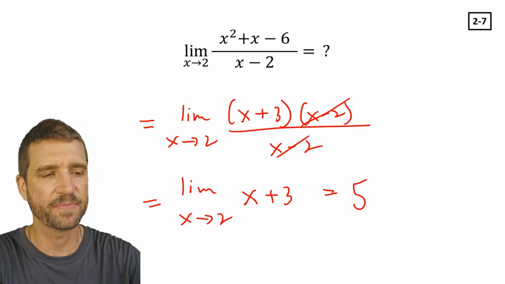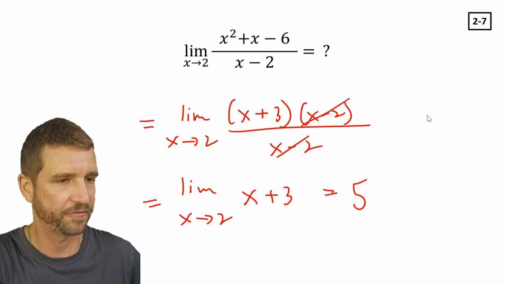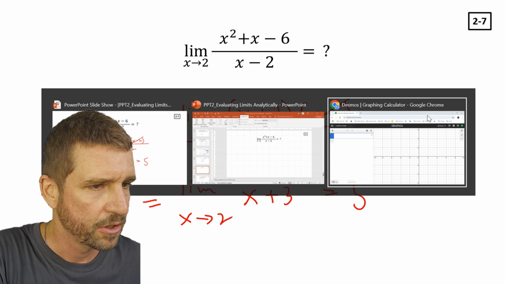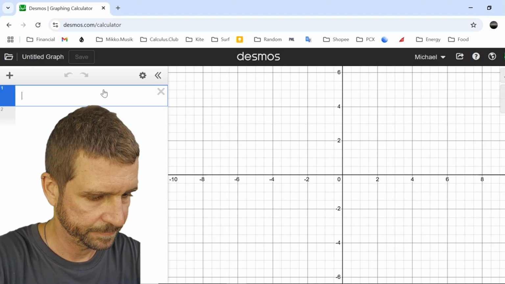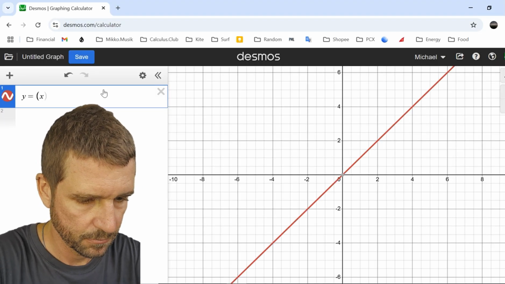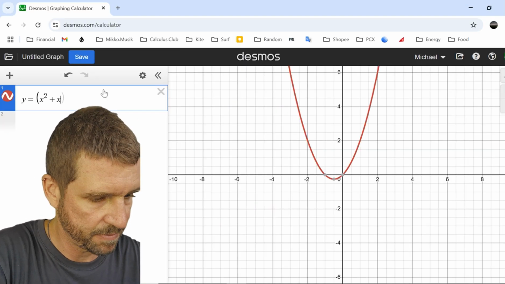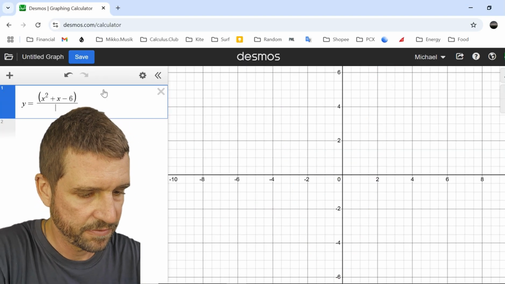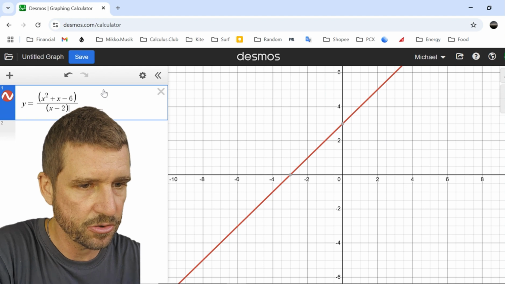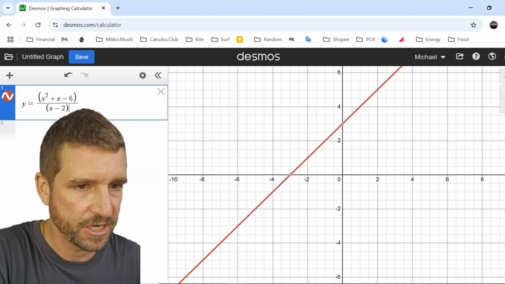Let me show you with Desmos, just to show you that these two functions are equivalent, okay? So x squared plus x minus 6 divided by x minus 2, right? You're going to get that.